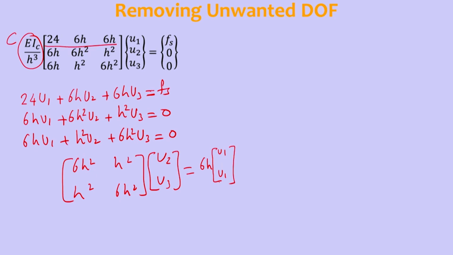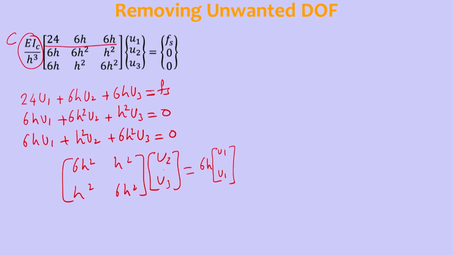Okay, so assuming that U1 is a known one, we can find out U2 in terms of U1. In this manner we can eliminate and resubstitute in this one. So this is one method of eliminating it.